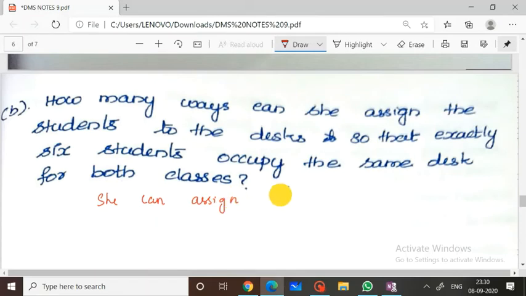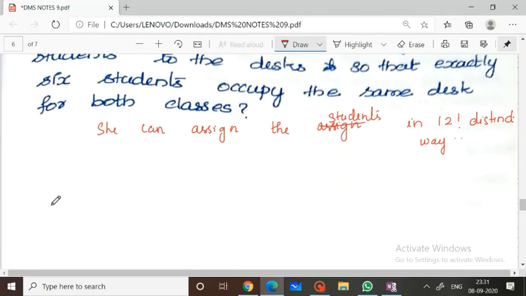Here also the same condition: she can assign the students in 12 factorial distinct ways. So this is the first condition as usual, and we have to consider both the cases. Now exactly one more condition is given here.